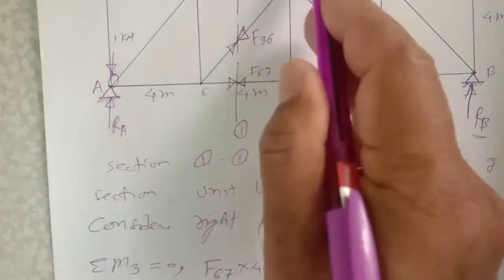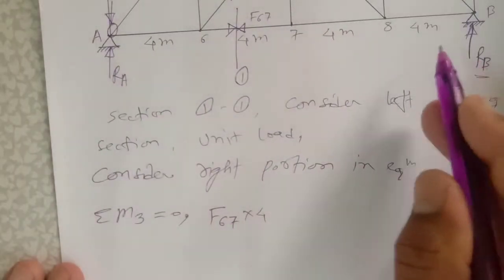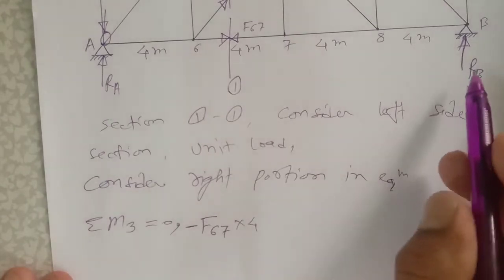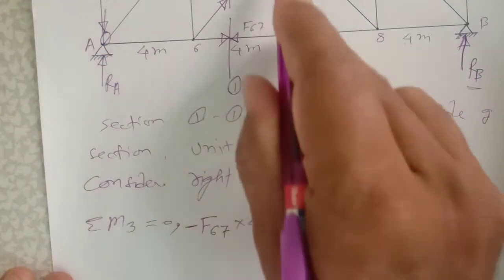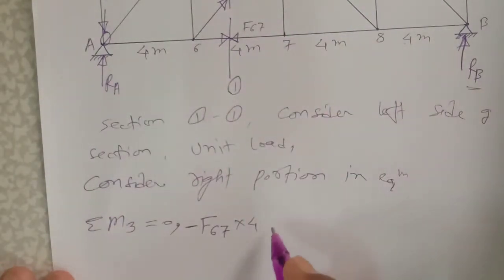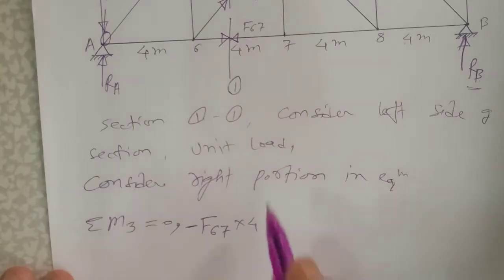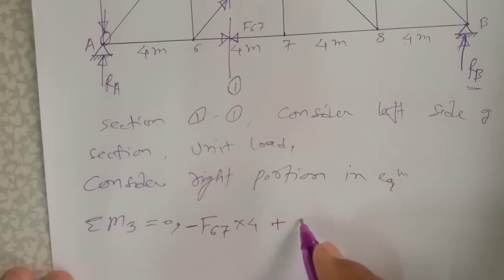So this multiplied by this rotates in clockwise direction. We have considered the right portion in equilibrium, that's why minus sign. Then RB multiplied by 4 plus 4, because we take the moment at this point, rotates in anti-clockwise direction. This will be rotated clockwise, this will be rotated anti-clockwise, that's why plus RB multiplied by 8 is equal to 0.